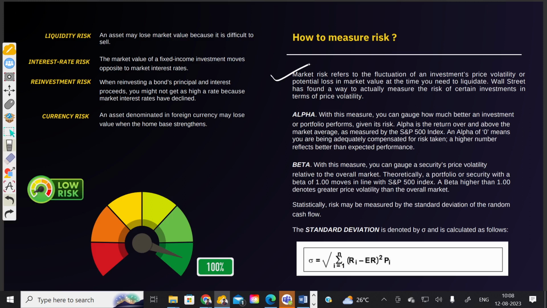Market risk refers to the fluctuations. Here, we'll discuss the theoretical aspect. Market risk refers to the fluctuations of an investment price, volatility, or potential loss in market value at the time you need to liquidate. Wall Street has found a way to actually measure the risk of certain investments in terms of price volatility.